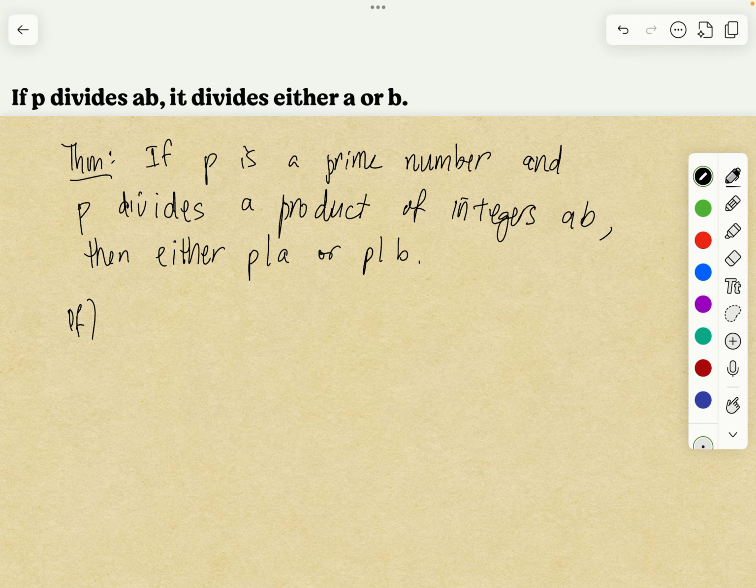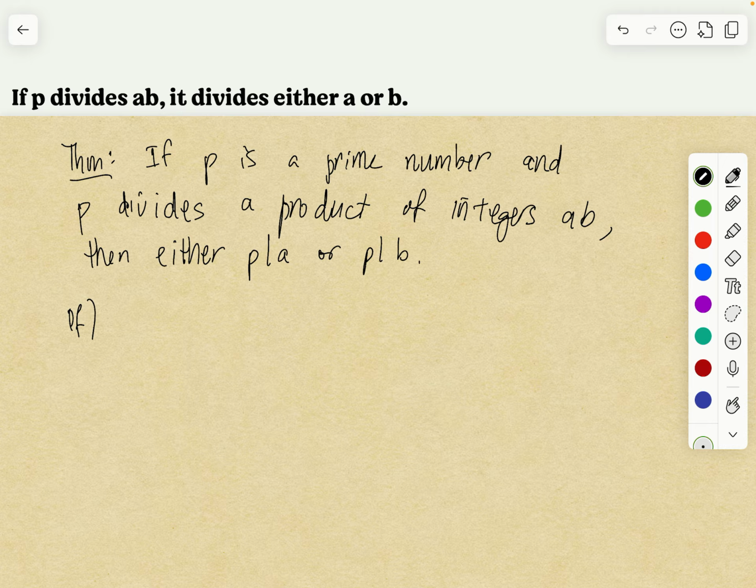So we have a prime number p, and we know that it divides a product of integers a times b. And we want to show that either p divides a or p divides b. When you're trying to show that either something or something else happens, you can go about it by assuming that the first one doesn't happen, and then proving that the second thing does happen.